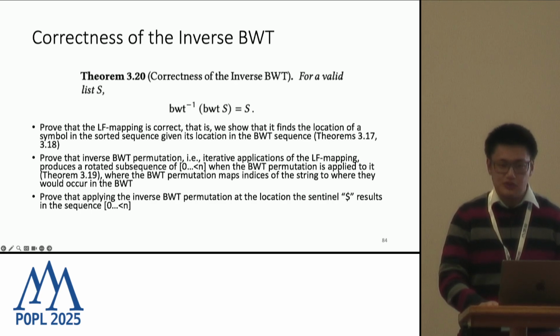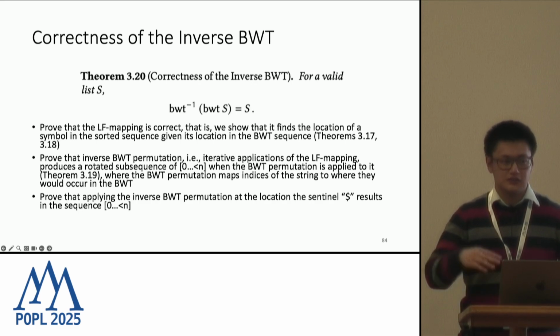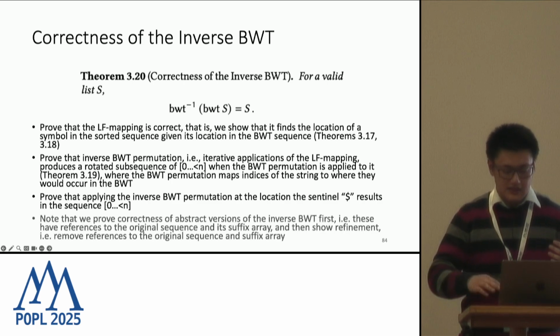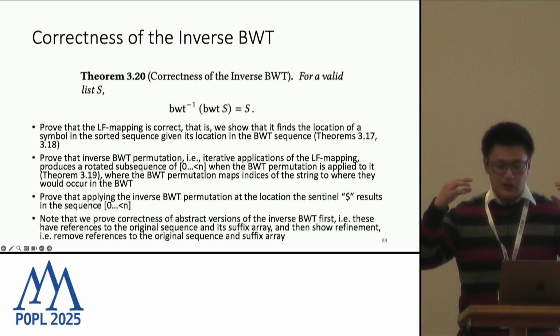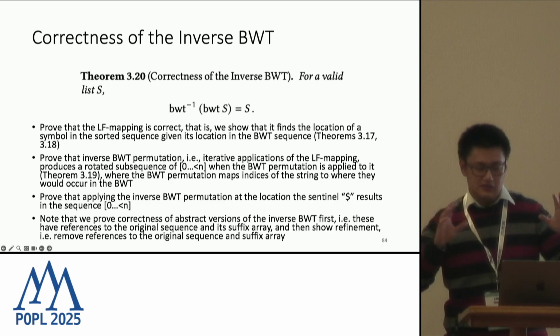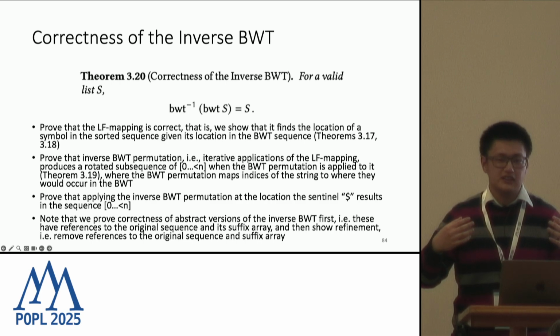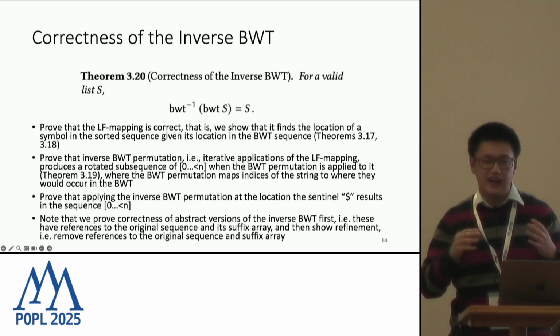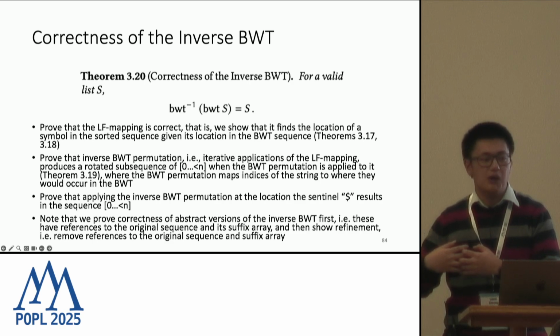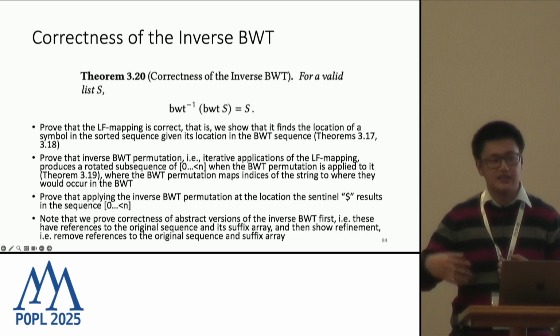Now, to prove all of this, we split up the proof into two parts. We proved that all this is correct for an abstract version, meaning that it has additional information about the original sequence and the suffix array.